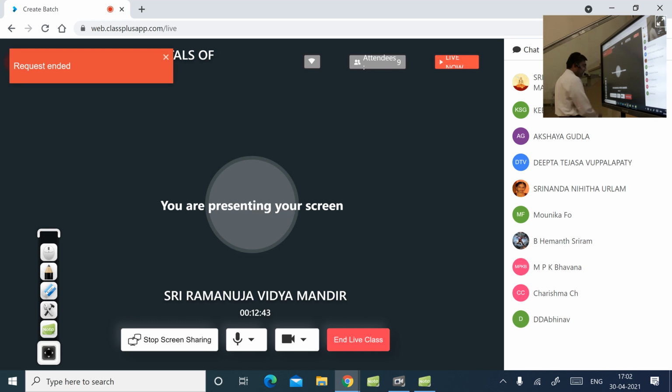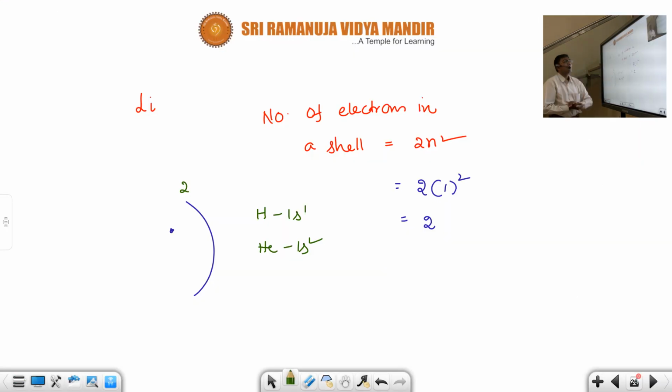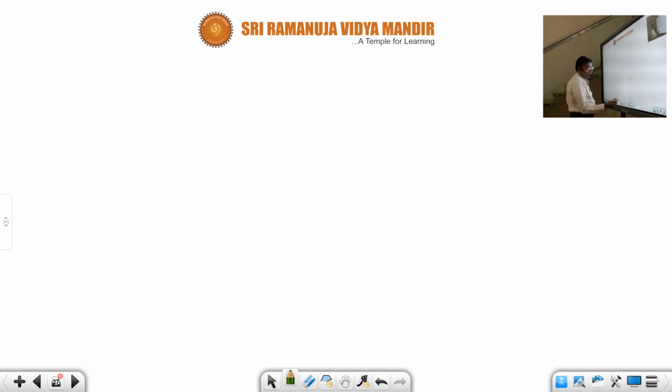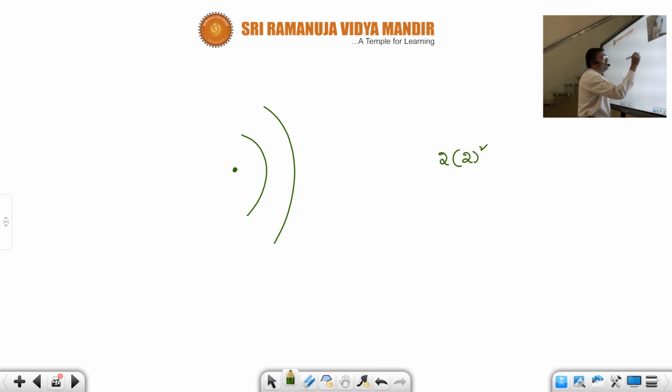Now have a look, all of you. Let us see another slide. In the first shell I can accommodate only 2 electrons. In the second shell, what is the formula? 2 into n square, that is 8.